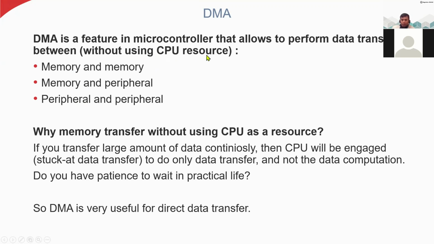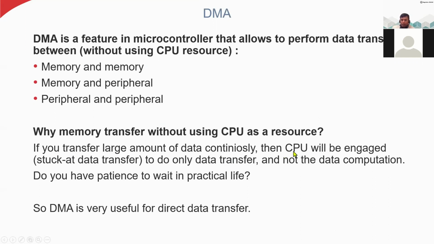without using CPU resource. So you do not really use the CPU for this data transfer purpose, but this DMA is giving the control. So why memory transfer without using CPU as a resource? Because let us say you transfer a large amount of data continuously from one memory to another memory, or from one memory to a peripheral, then the CPU will get engaged or it will get stuck at data transfer.